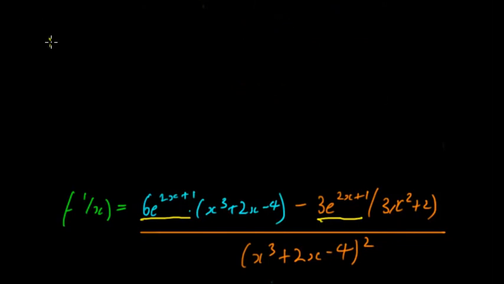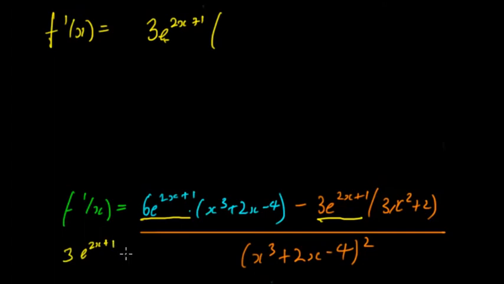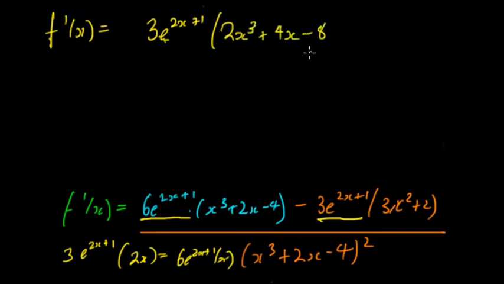Start up here. So we know that f dash x is equal to 3e to the 2x plus 1. Because that was 6 before, now there is a 2 inside the brackets. So if we put a 2 on the inside, that means we're going to get 2x cubed plus 4x minus 8.